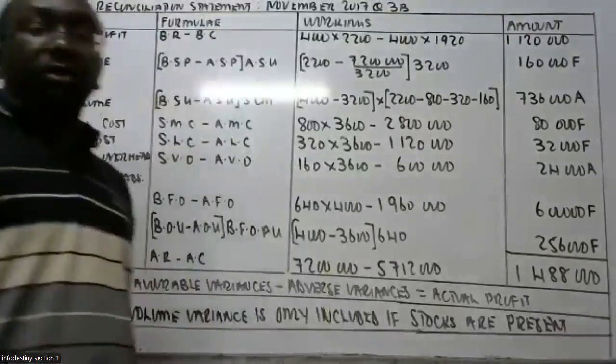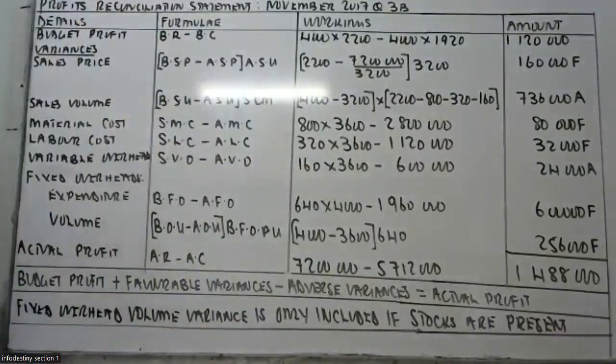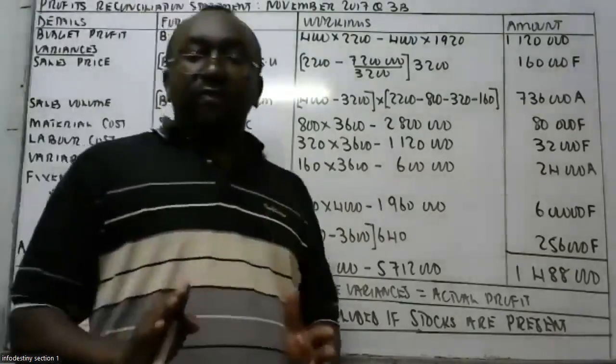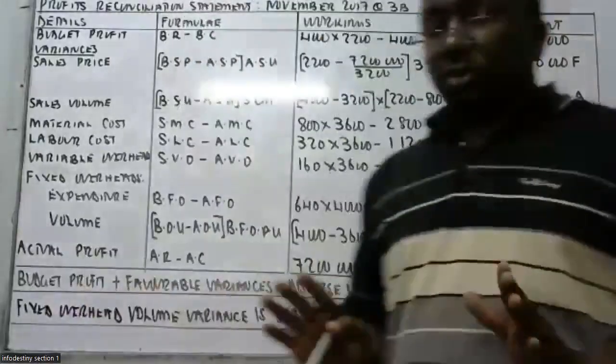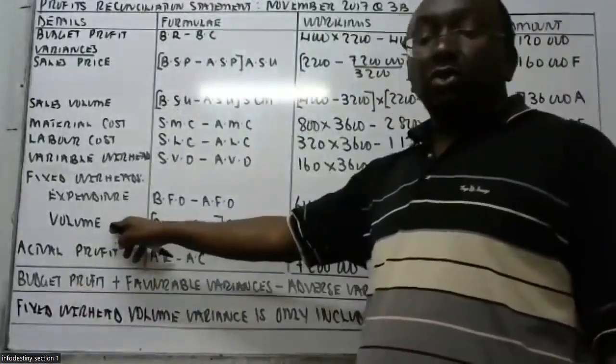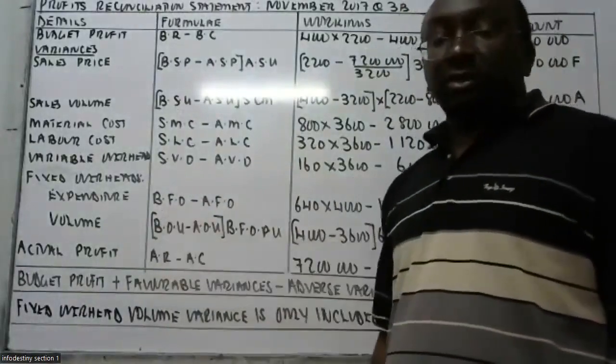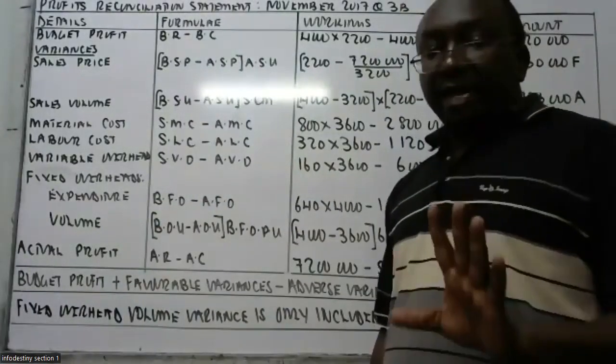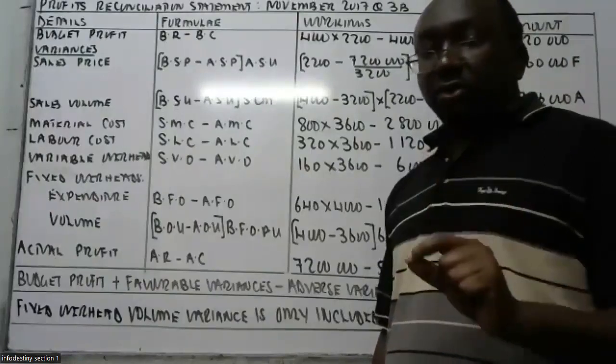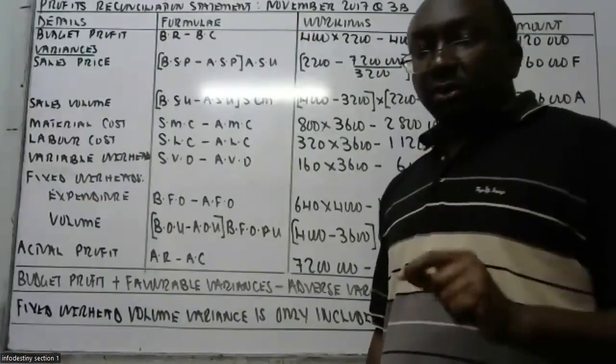If the question does not have opening or closing stocks, you should not use this one. This one should not be introduced. So if you are reconciling a question, they sold everything they produced, you don't compute this one, or you don't bring it here. You can compute, but you don't bring it in the reconciliation. So it only applies kama hiyo swali on closing stock or opening stock or both.